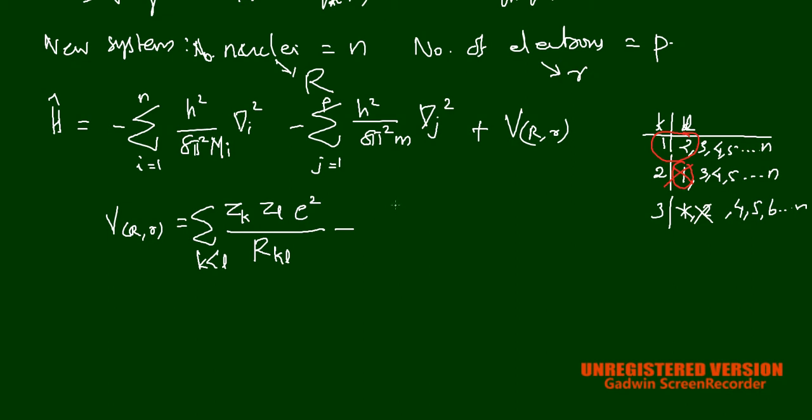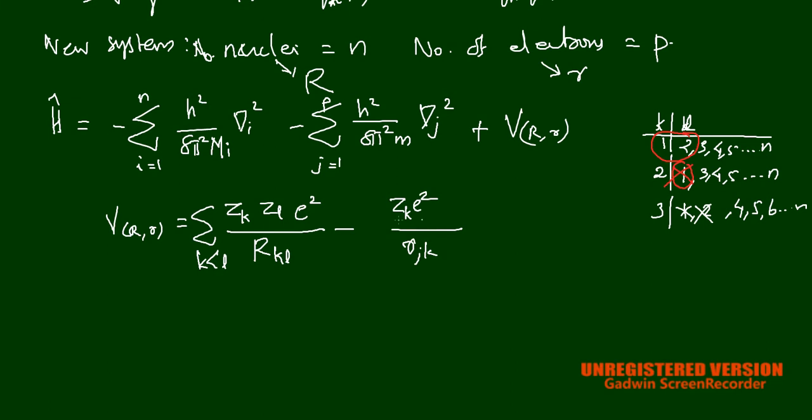The charge of the kth nucleus is the atomic number Zk multiplied by E. The charge of the electron it attracts is also E. Therefore, Zk E square divided by the distance between the kth nucleus and the jth electron, which I write as Rjk.